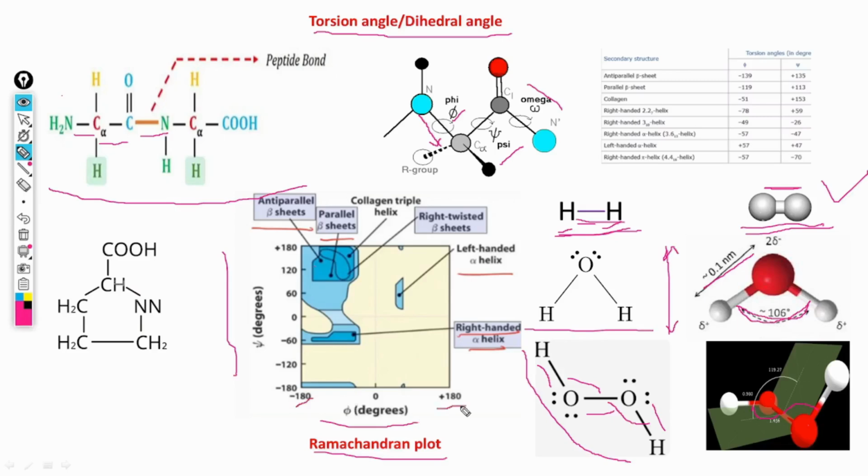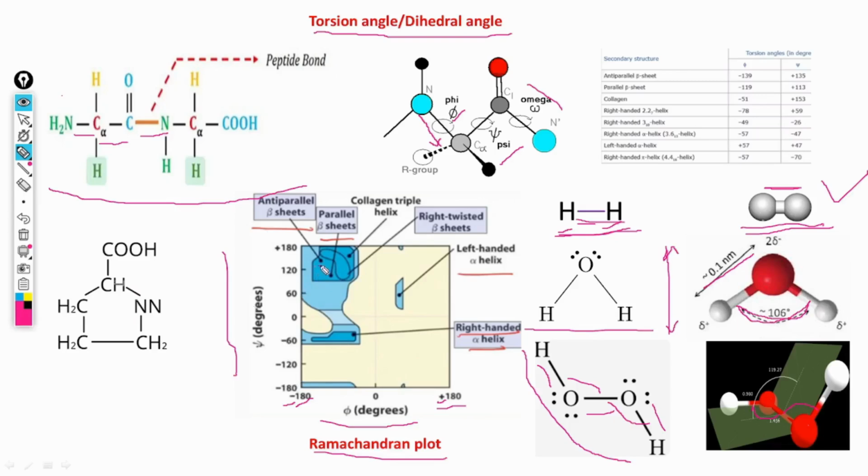When the rotation is clockwise, then it is called positive. When the rotation is counterclockwise or anti-clockwise, then it is called negative. So here also psi ranges from minus 180 to plus 180.